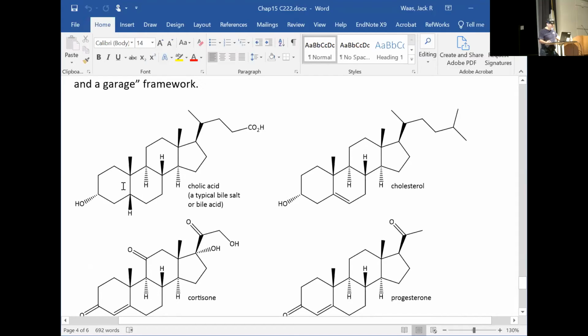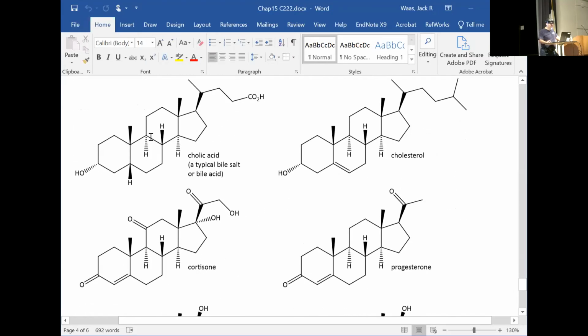The thing to be aware of with bile salts is the ring fusion between the A and B rings. You can see that these are fused in such a way that the methyl and hydrogen here, whatever these two groups happen to be, are cis to one another. And I have this in the class notes too, but that's a hallmark of bile acids or bile salts.